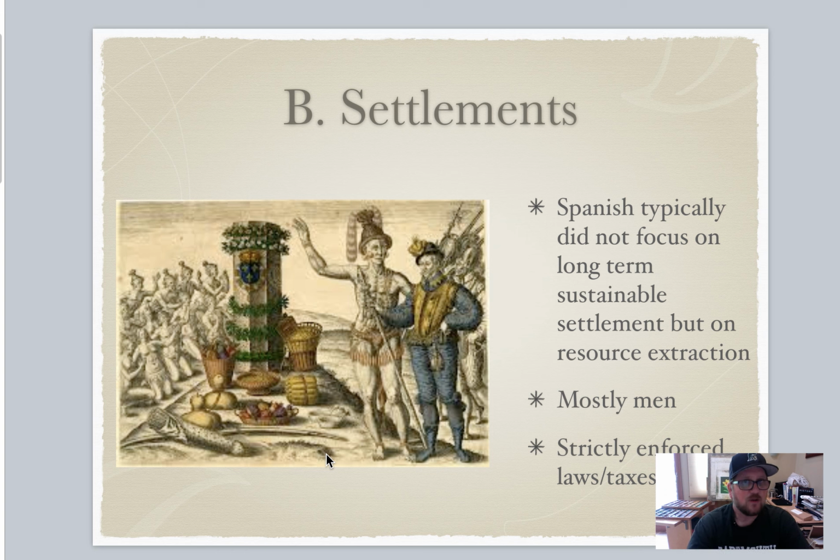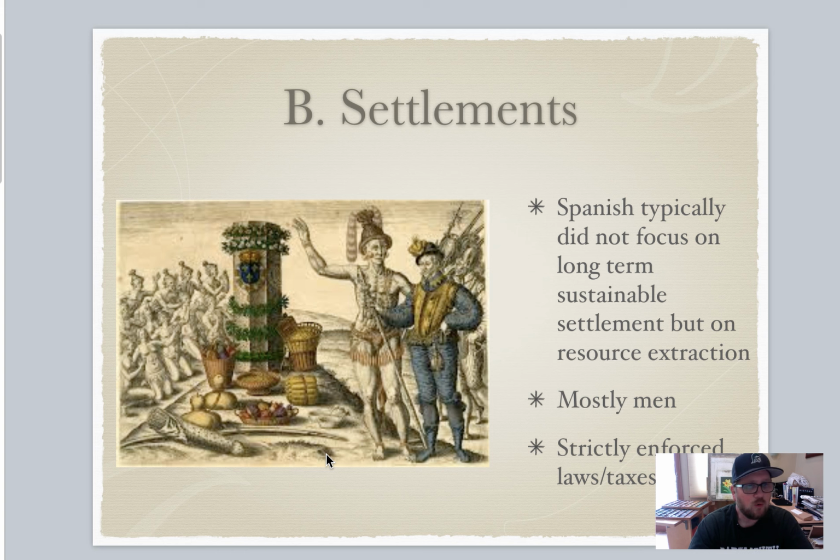Mostly men came over there. Again, they were really looking for one thing, for resource extraction. And while doing this, they will set up very, very strict laws and taxes and religious rules for their areas.